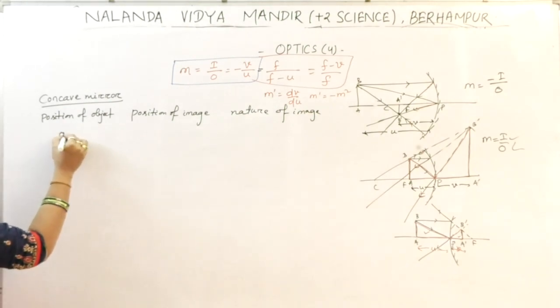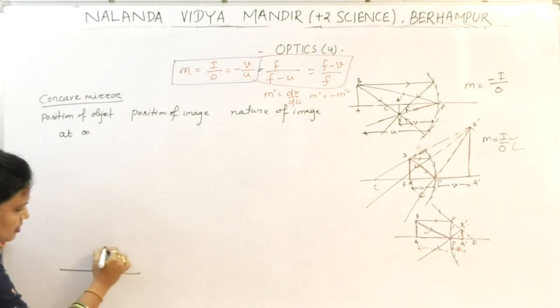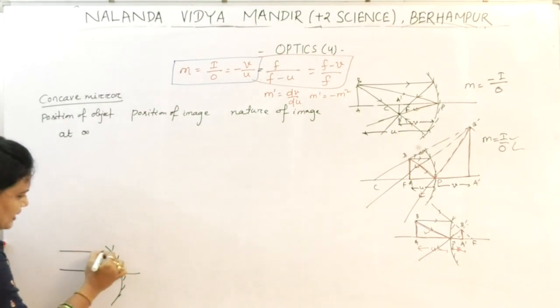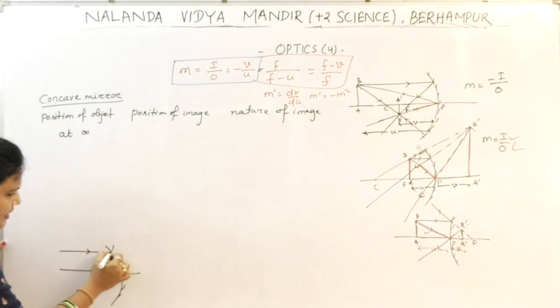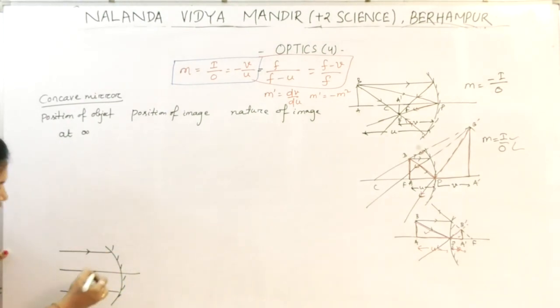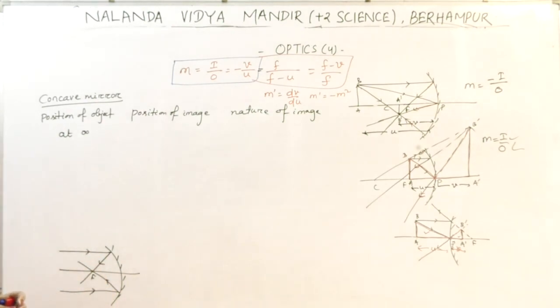First, let the object be at infinity. Let this be the mirror. If the object is at infinity, the incident rays are parallel. If the rays are parallel, you already know that the reflected ray will pass through the focus. So this point is the position of the image.